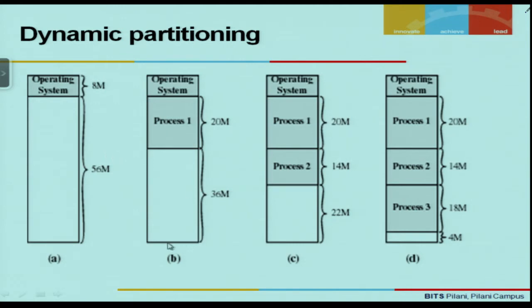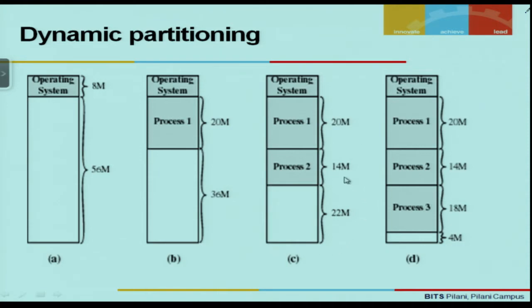In the next step, figure B, you would see that process 1 requires 20 megabytes, and since the free memory available is 56, process 1 gets loaded into the memory, leaving 36 megabytes of free memory.